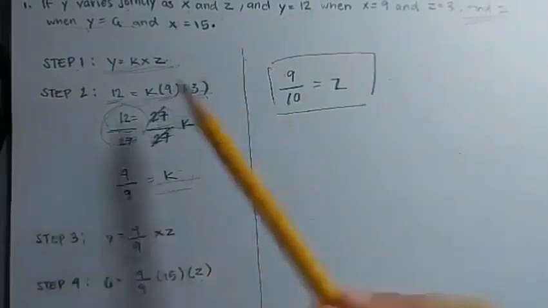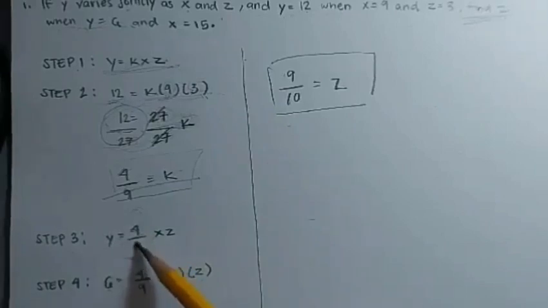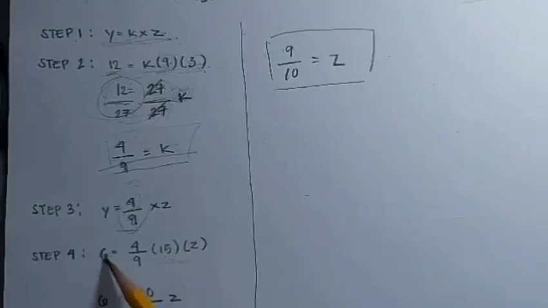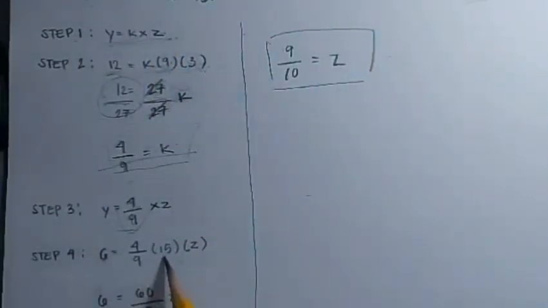In step 3, rewrite the same equation, but this time, put in the value of k. In step 4, substitute this and this, and multiply x to k, and you get 60. And then you subtract 6 from this.